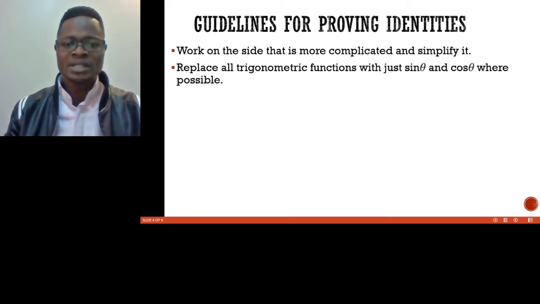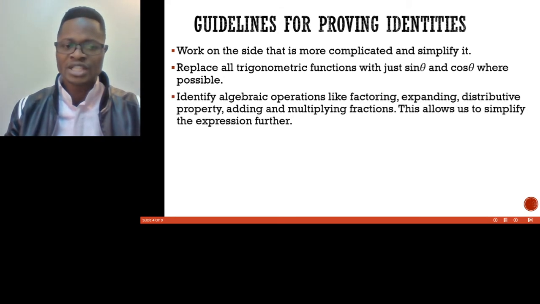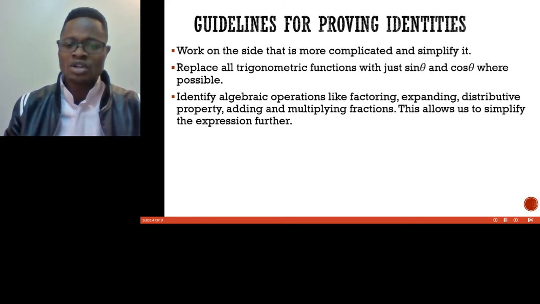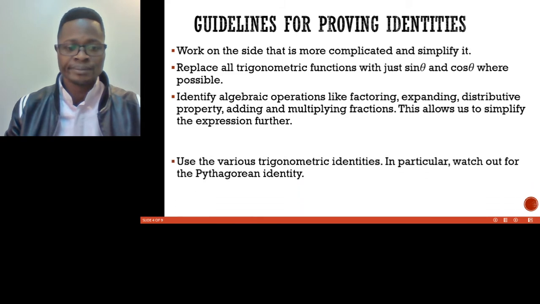Replace all trigonometric functions with just sine theta and cos theta where possible. Identify algebraic operations like factoring, expanding the bracket, using the distributive property, adding and multiplying fractions. Of course, all these allow us to simplify the expression further and then prove the identity.